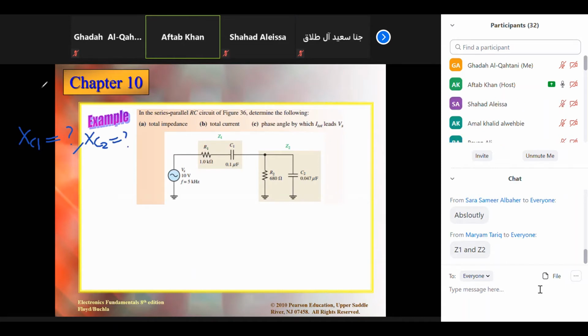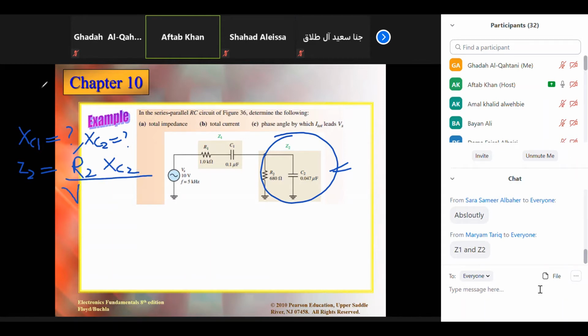After calculating, you have to focus on this parallel part. We need to calculate Z1 and Z2. But actually I don't need Z1, I will tell you later. I need only Z2 so that I can convert this one. Z2 can be calculated by the formula product over vector sum, that is R2 multiplied by XC2 over the square root of R2 squared plus XC2 squared.